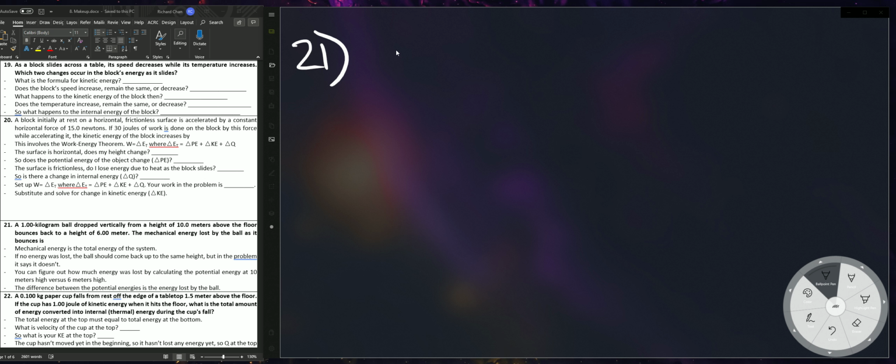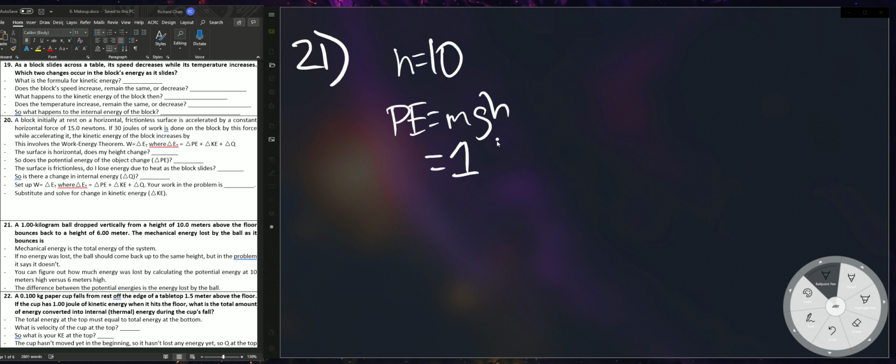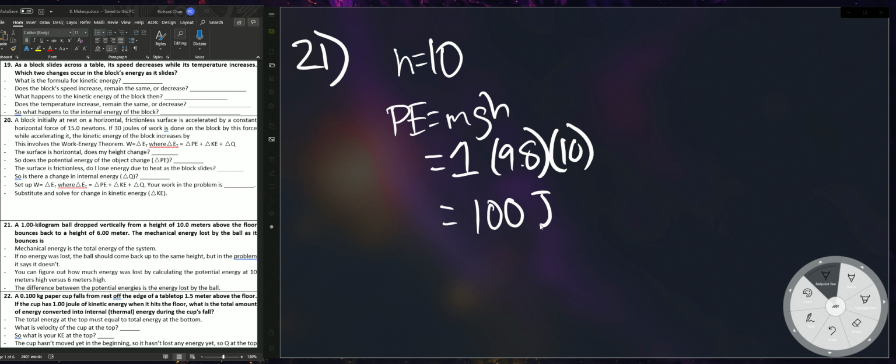Okay, so at a height of 10, your potential energy is mgh, right? So m is 1, g is 9.8, and h is 10, and we're rounding 9.8 to 10. So I'm going to do 1 times 10 times 10, I'm going to get 100 joules. And now when my height is 6 meters, my potential energy is also mgh.